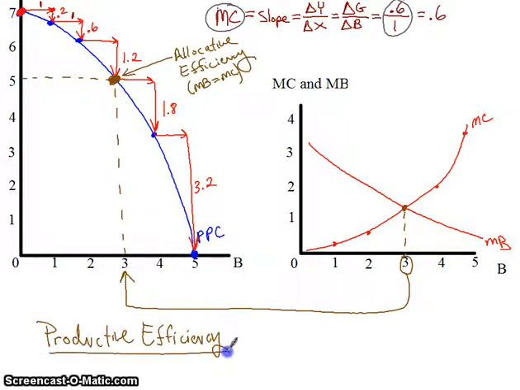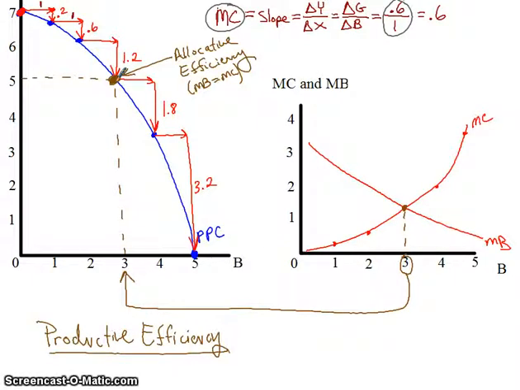Productive efficiency just says to produce somewhere on the graph, not inside it. That's inefficient. Produce somewhere on the graph. That's productively efficient. And then allocative efficiency tells you the exact point on the graph where the marginal benefit equals the marginal cost, where you will maximize utility.